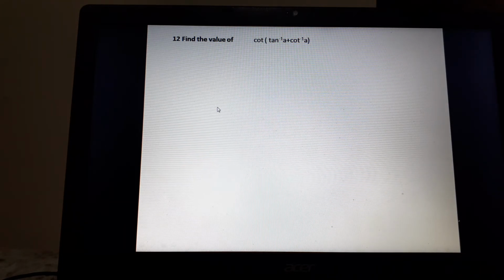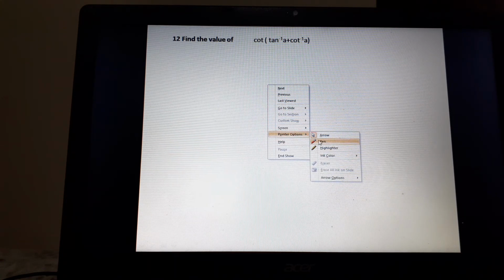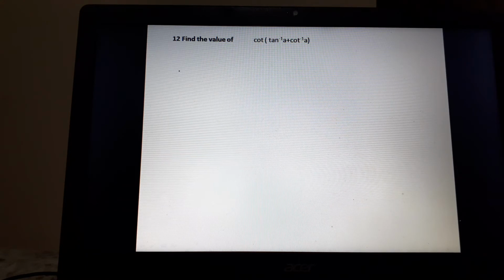Next question. Find the value of this; it is a very simple question. If you remember the formula, there is no need to do this question actually.